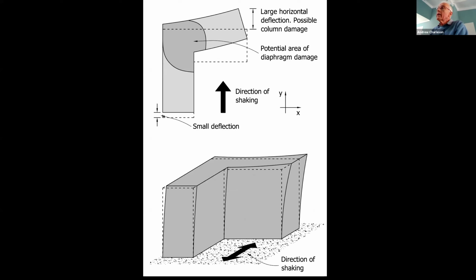Because in plan, if you have a re-entrant corner, the two wings of the building have different dynamic characteristics. And so for shaking in this direction, this wing will move a lot further than this wing. And so this is the area of damage to your floor slabs.